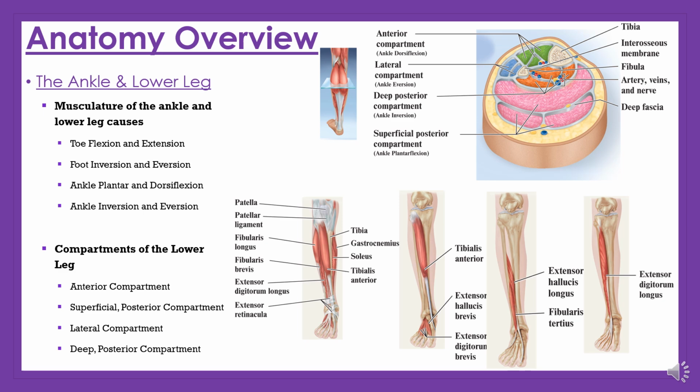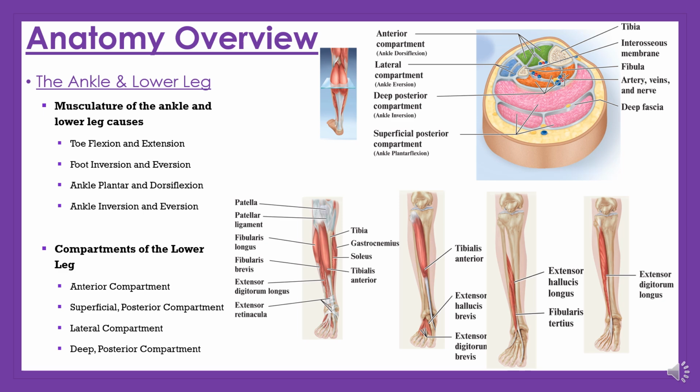And there's, again, four different compartments, and the first is the anterior compartment, and those muscles produce dorsiflexion. We have the superficial posterior compartment, and those muscles produce ankle plantar flexion.